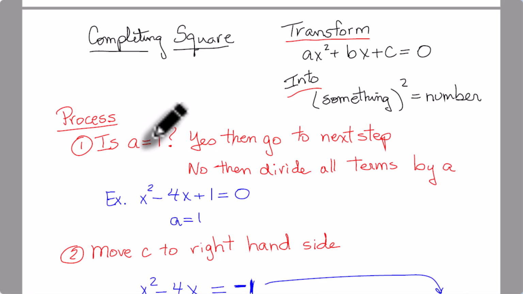If it is a 1, there's nothing I need to do. If it's not a 1, then I need to divide everything in the problem by a, because the technique needs a 1 for the lead coefficient.